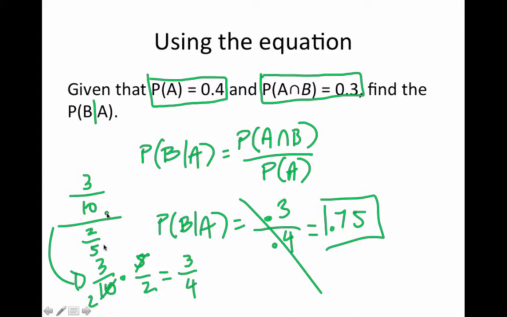Sometimes you'll have a problem where they have the same denominator, and if they have the same denominator, those denominators are going to cancel, and it'll just be top numerator divided by bottom numerator as your probability. Okay, so let's do an example with Venn diagrams.